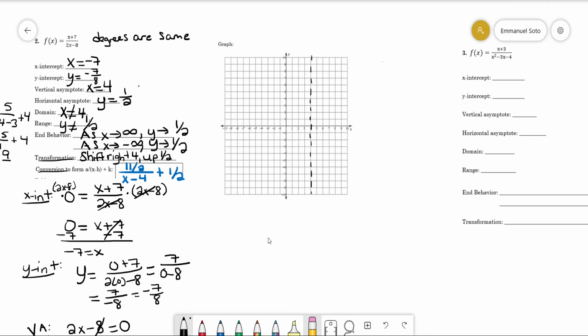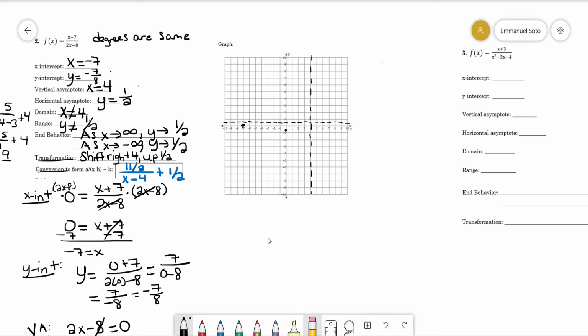That's below 1, so we need to be careful with this. Now we have x equals -7 for the x-intercept. That's where it crosses the x-axis right there. Y equals -7 over 8. That's actually between -1 and 0, so that's like over here. It's pretty close to -1.